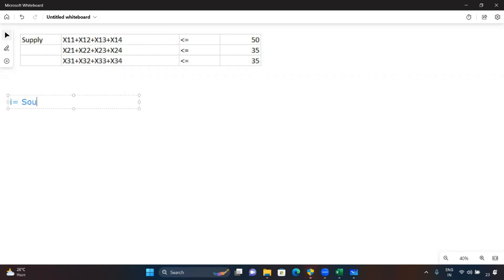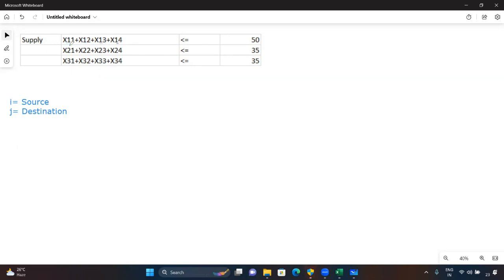Okay, so here also, whatever we have mentioned while constructing the demand constraint, i equal to source, j equal to destination, right? So here also you can see the source remains constant in x11, x12, x13, x14.